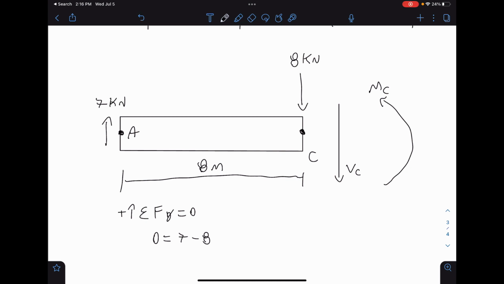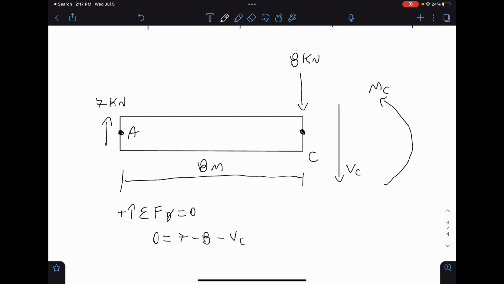That doesn't mean you make it positive in your equations of equilibrium. In your equations of equilibrium, it's going downwards, and we've specified that our positive's upwards, so we put it in as negative VC in our equations of equilibrium. And I'm going to show you how this works.